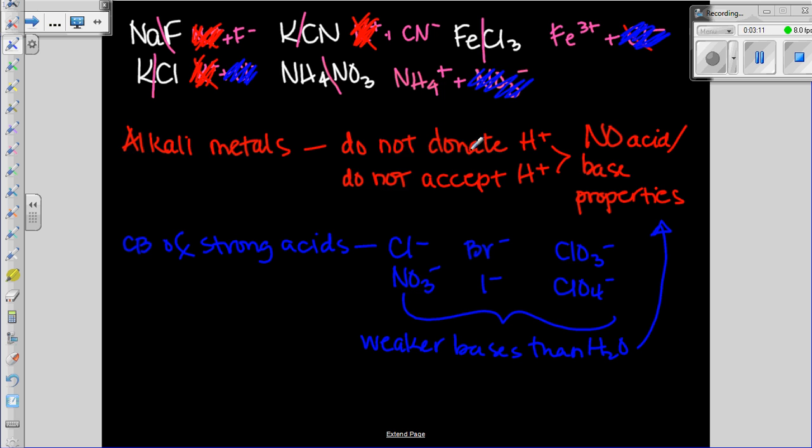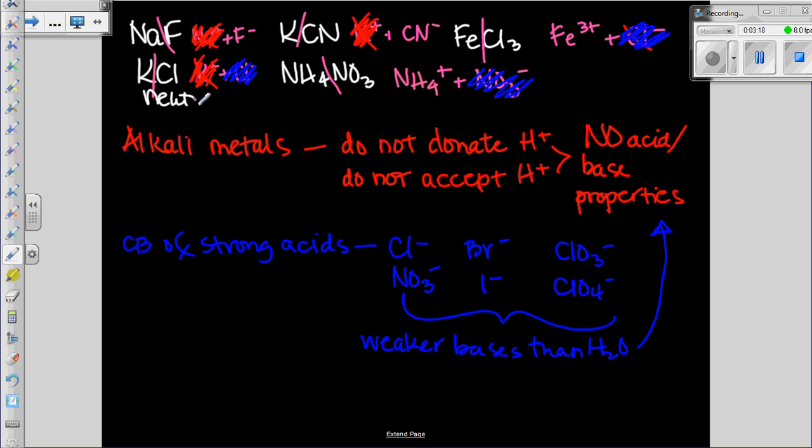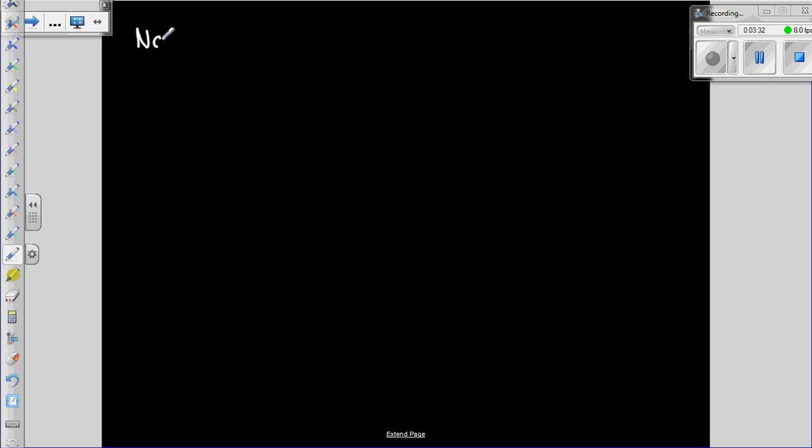So if we look at what we have left above, automatically I know that potassium chloride is a neutral salt because its anion and its cation are going to have no acid-base properties at all. If I look at the other 4, they are not neutral, so we will need to look at those individually. So if I remember what they were, I had sodium fluoride.